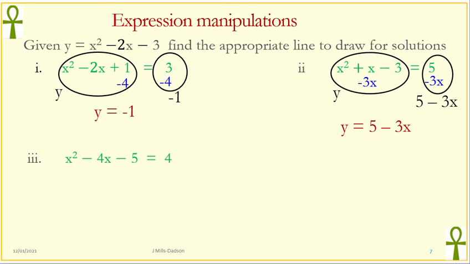Let's look at the final one. x squared is the same as x squared. But minus 4x isn't the same as minus 2x. And minus 5 isn't the same as minus 3. So we have two things to change here. So let's start with the minus 4x. How do we make minus 4x become -2x? Oh, sorry, let's start with the minus 3.